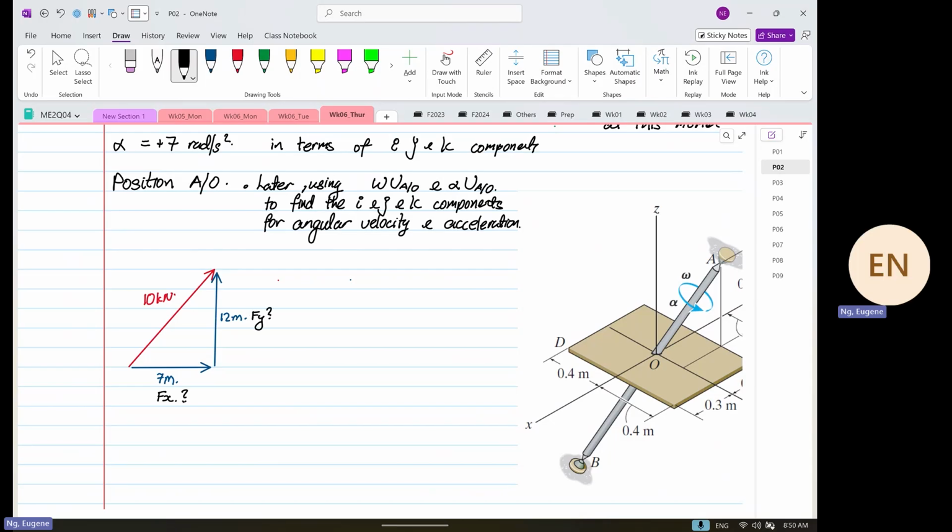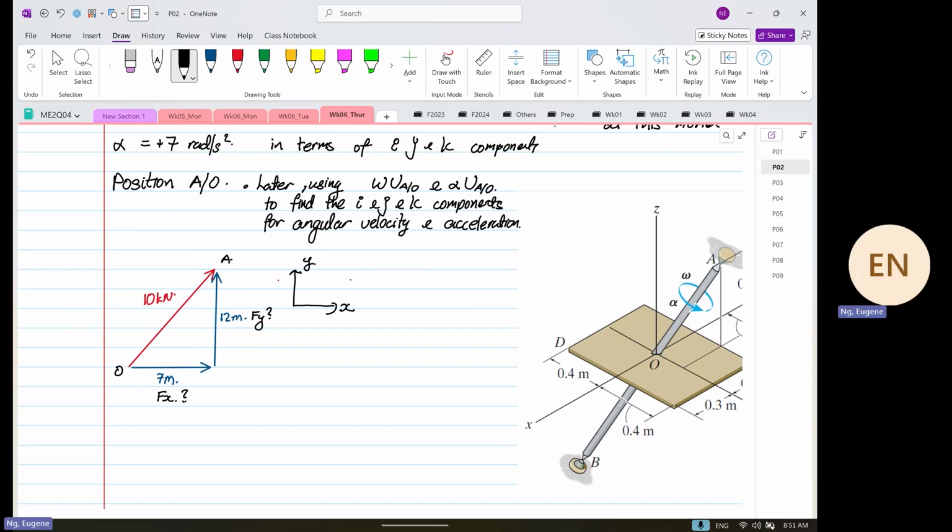But we are only given a what? We are only given a distance of 7 meters and 12 meters. So I'll call this our O, and I'll call this our A. So from here, we have our X and Y component, right?